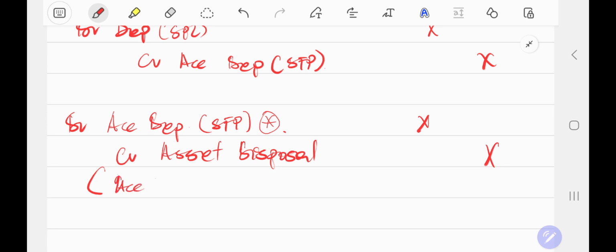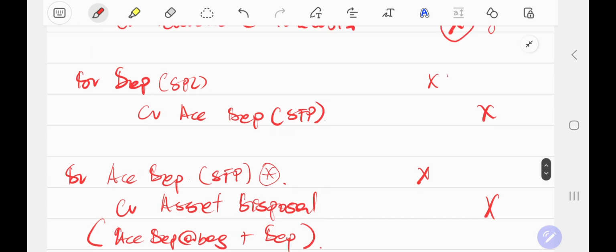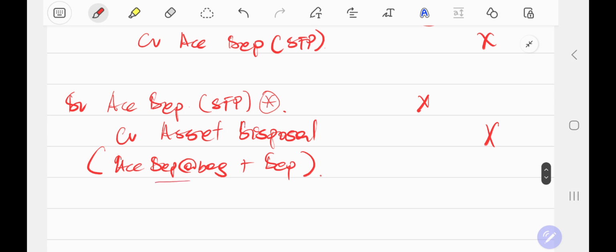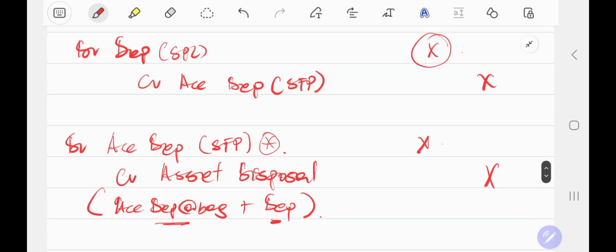So it's accumulated depreciation at the beginning, right, plus the depreciation that you just calculated. The accumulated depreciation at the beginning, most of the time, is given for the asset that is being sold, plus the depreciation that you just calculated here will give you the answer.